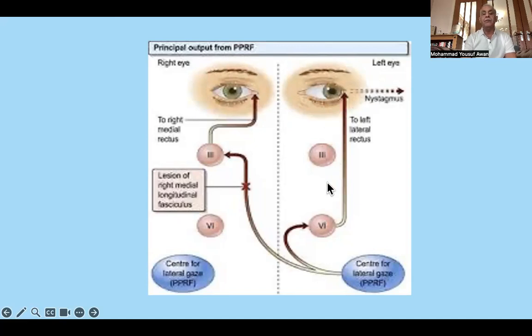So this is the sixth nerve and the third nerve, and this is the center for lateral gaze. This is a lesion of the right medial longitudinal fasciculus, which connects these two. This is called internuclear ophthalmoplegia, and if it is present in a young patient, it is a sign of multiple sclerosis. If the patient is older, it is a lacunar stroke.